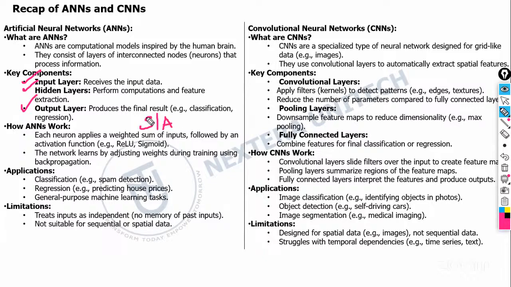The summation function is responsible for calculating the weighted sum of inputs. The activation function is a mathematical function which helps us get the output. We generally use sigmoid, ReLU, TANH, ELU, leaky ReLU, softmax, and so on.